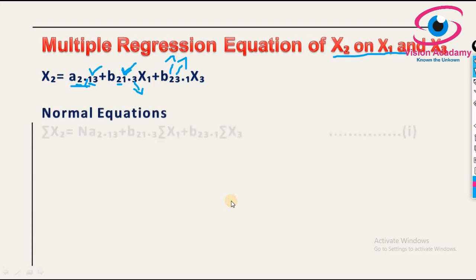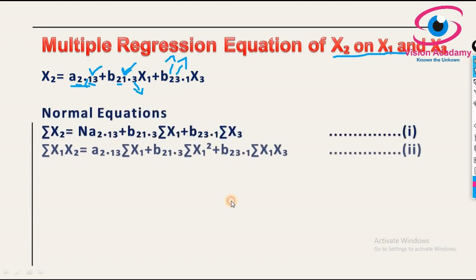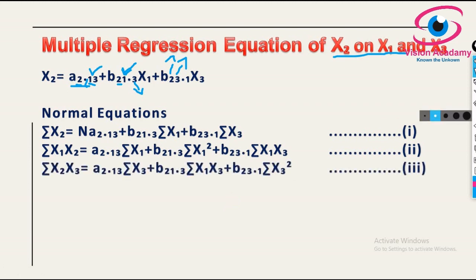So the normal equation for x2 on x1 and x3 is this. As I told you, the first equation is the same, which will be repeated for the normal equation, sorry, the basic equation. Here for x2 we have considered summation x2, n is common, and just in the last we have taken x1 on x2, x3, and summation x1, and summation x3.